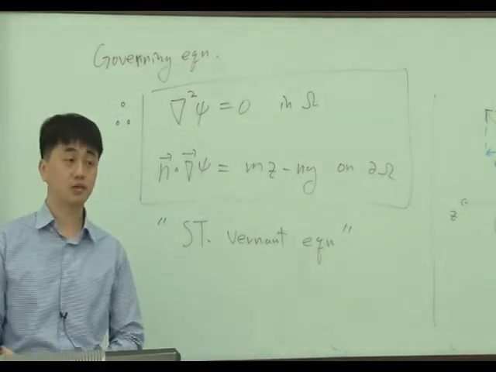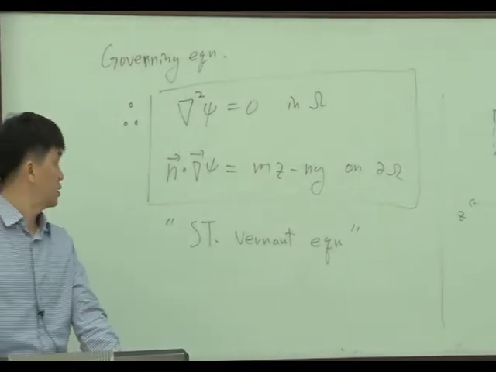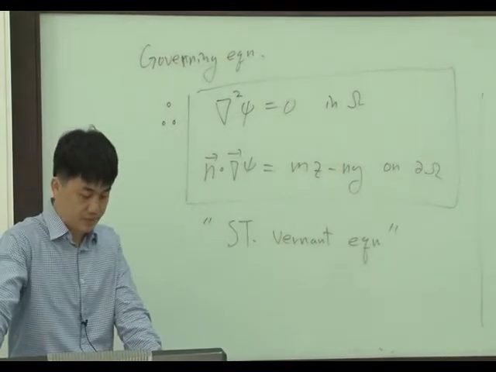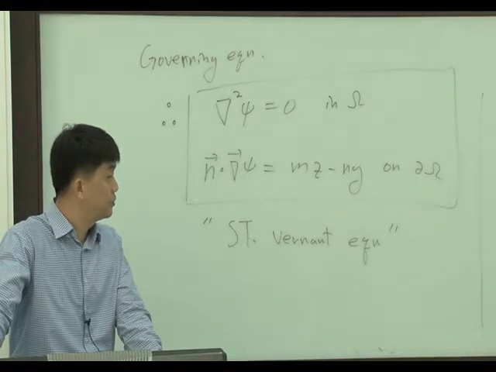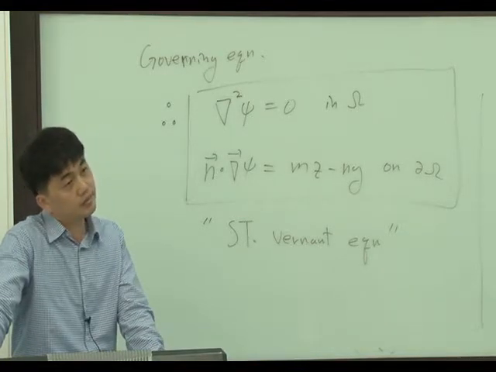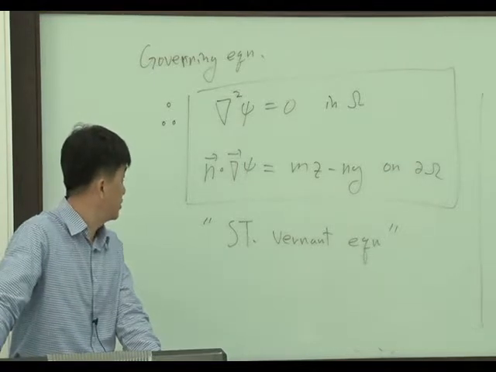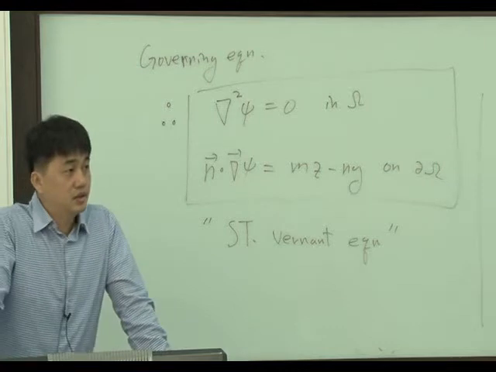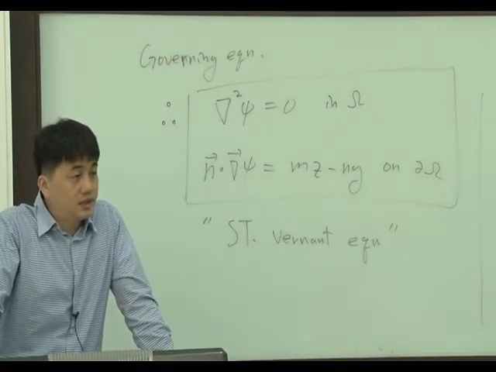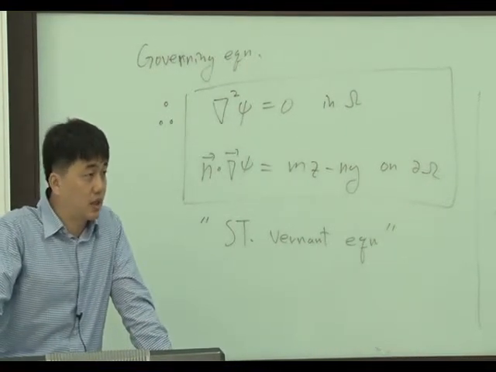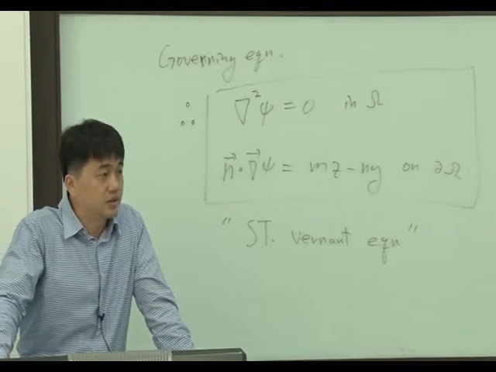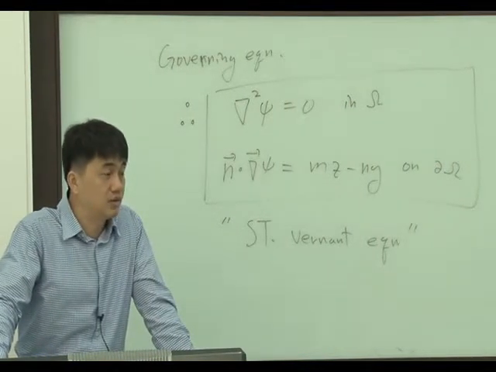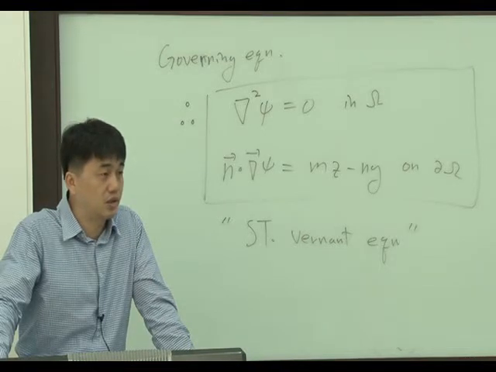This is a very well-known, famous equation. The equation looks quite complicated. So for a very simple cross-section, we can directly solve the equation, but for a general cross-section, we need to use a numerical method.